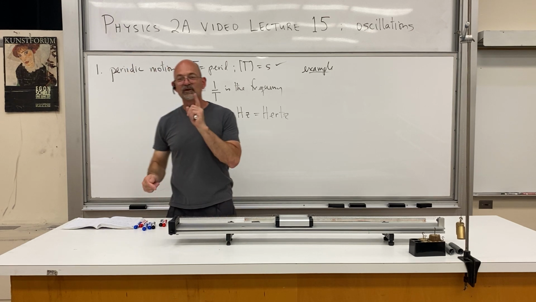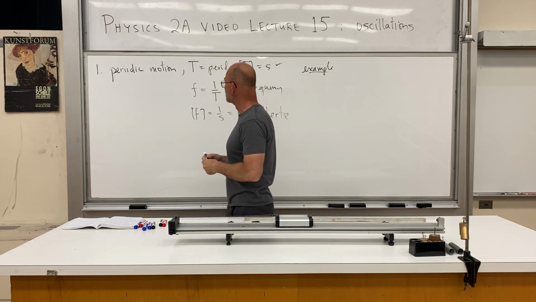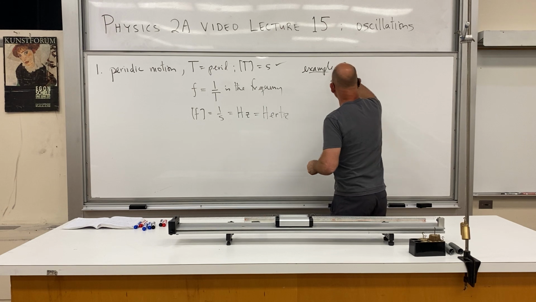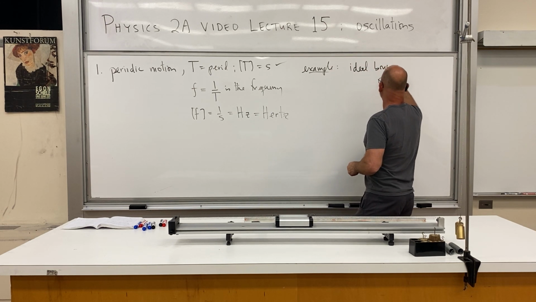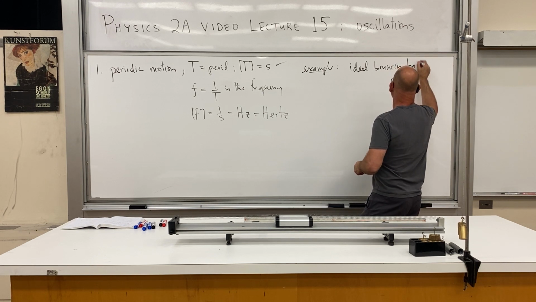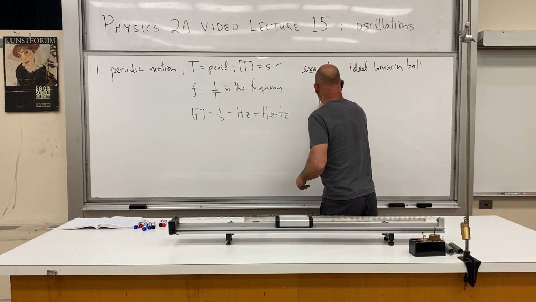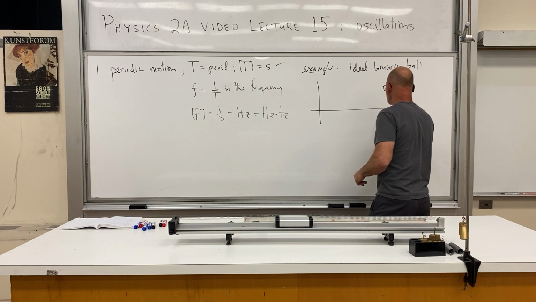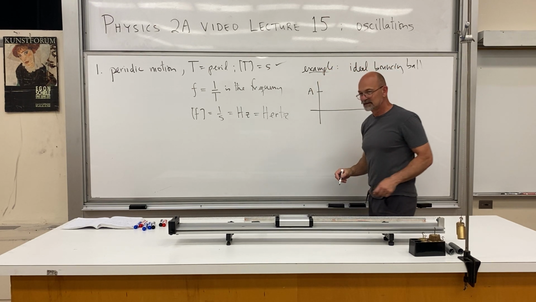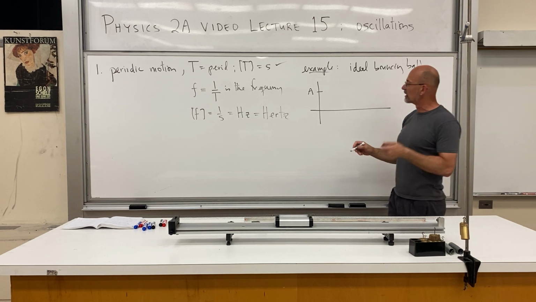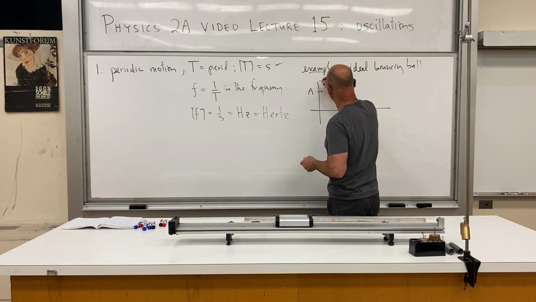Now that's an interesting one because we know the law of free fall. So I'm going to call this the ideal bouncing ball, and we're just immediately going to do its graph. So we could drop it from a height capital A. We usually use H, but go ahead and use capital A here.